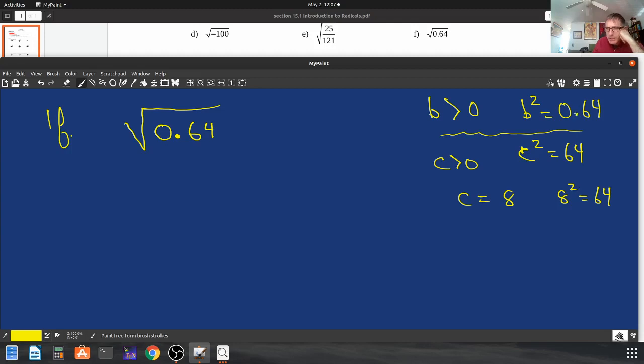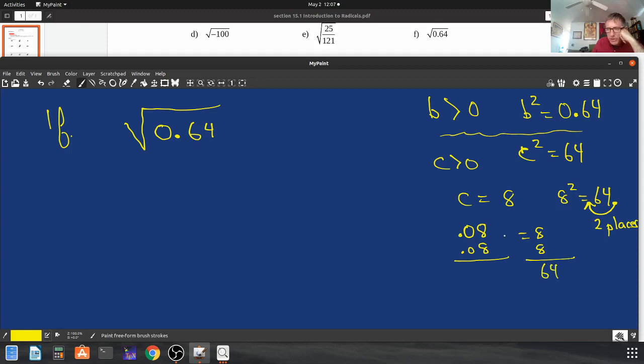Notice that the decimal point from 64 to 0.64 is moved over 2 places. So if I multiply 0.8 times 0.8, that's going to be like multiplying 8 times 8.